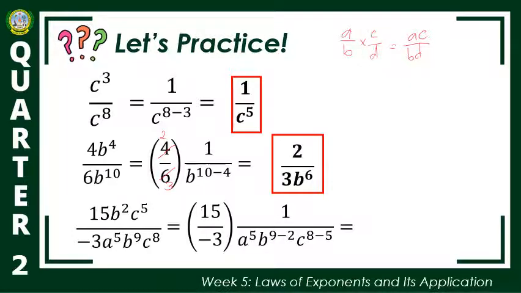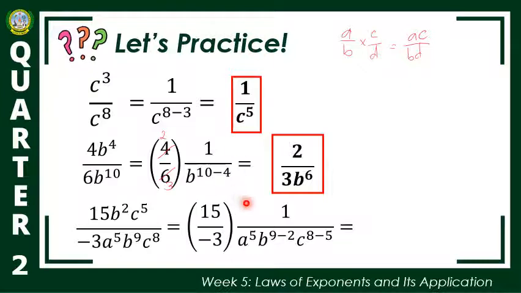Simplifying our expression here, 15 divided by negative 3 is negative 5. Then we multiply that negative 5 by the 1, and negative 5 times 1 is negative 5.